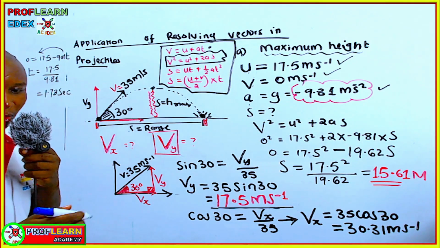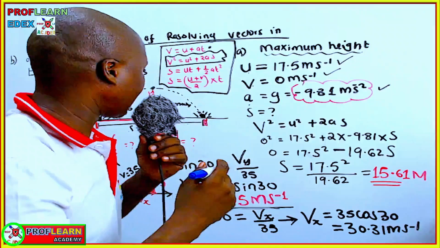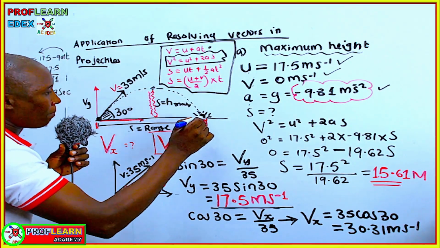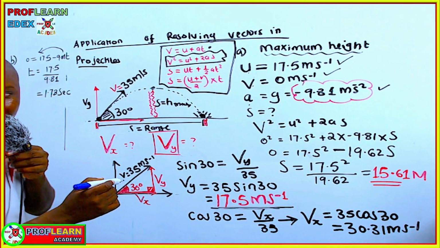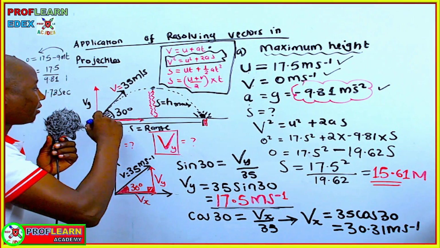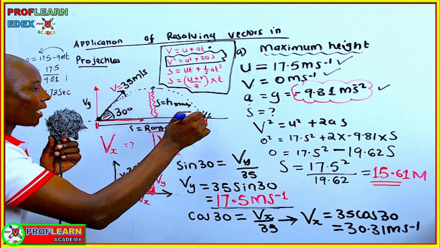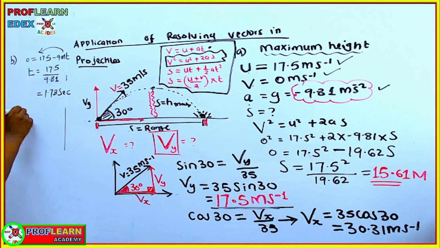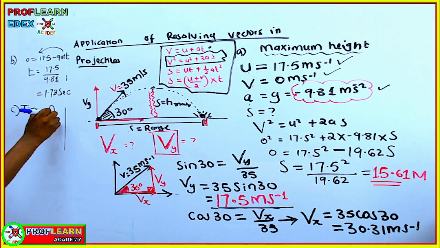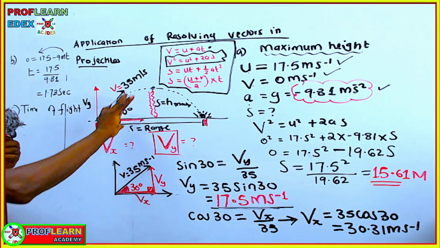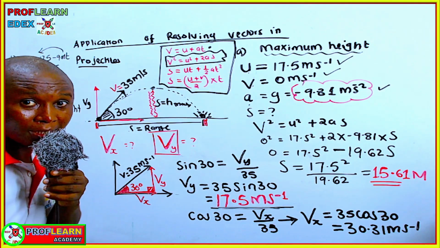So if you are asked also to find the time of flight, it is the time taken to go back, the time it takes for this to fly up to this point. That is what we call time of flight. So the time of flight, the time this object was in air, that's what it means.